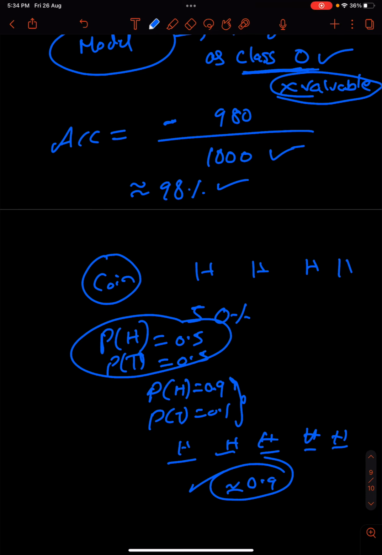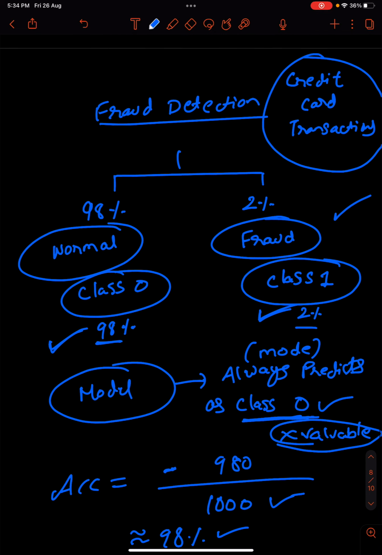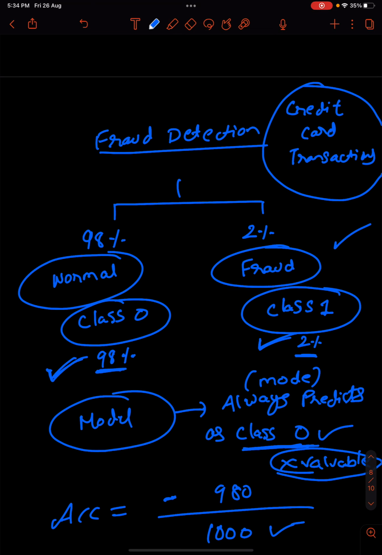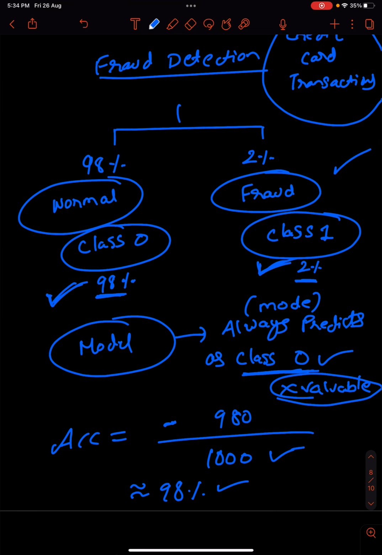Similarly, the probability of being a fraud or not a fraud is not equal here. And this is called a class imbalance. The class distribution is not equal: the number of records in class 0 and class 1 are not equal. When there is class imbalance, the probability is different. So I can make a mode model and then wrongly show that the accuracy is this much, right?